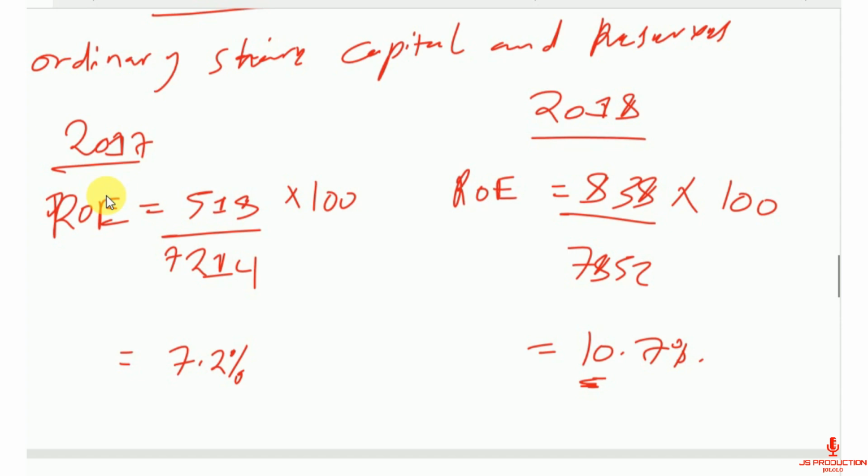So this means that our return on equity for the shareholders will be higher in 2018 as compared to 2017. We shall continue with analysis of ratios.